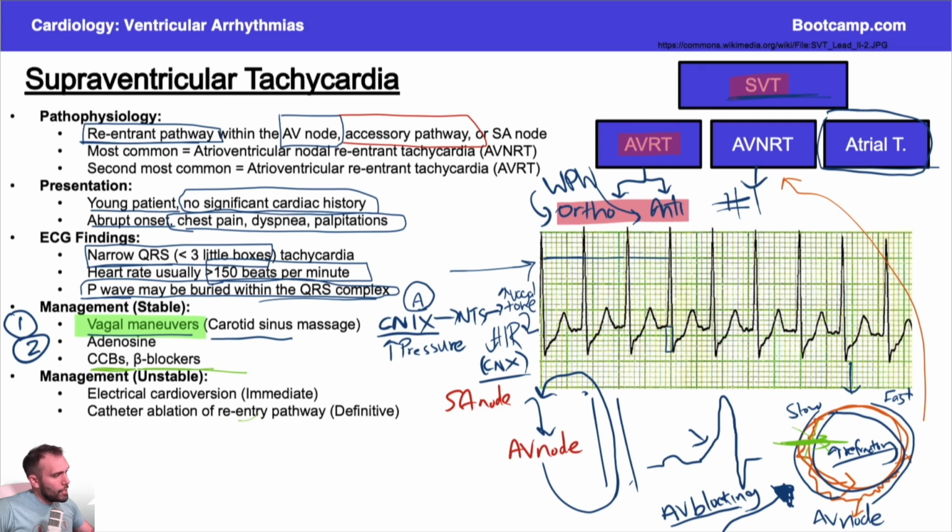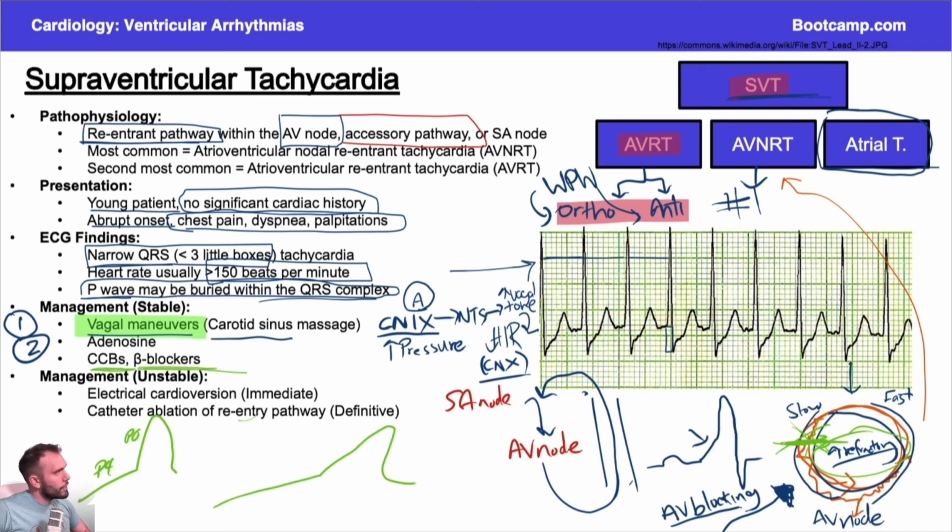Remember, my pacemaker potential, what does it look like? It looks something like this, right? And so if I start to inhibit this phase 4 and phase 0, I might get something that looks more like this, right? So it's going to take longer for that depolarization to happen. That's what I want. I want to slow things down. I want to extend my refractory period and decrease the slope of my action potential. Okay, so that's what these two medications will do.